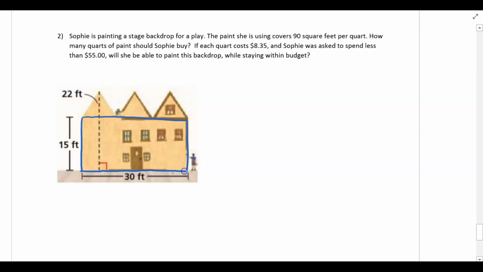And then in addition to that rectangle, I have these 3 triangles at the top. Now all these triangles are the same, okay? So what I'm looking for is the area of the rectangle bottom plus 3 areas of those triangles.